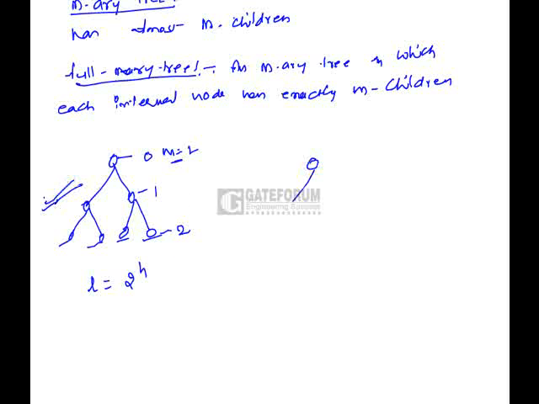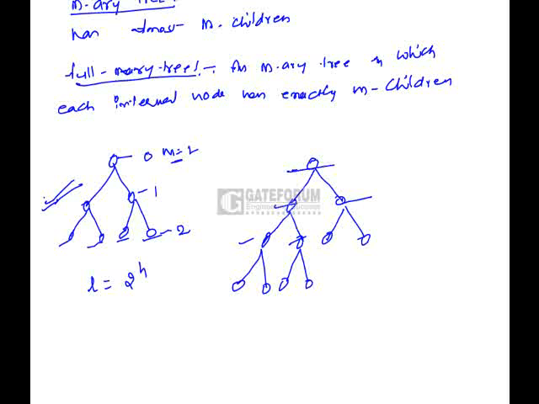Let us take one more tree. This is also an example of a full binary tree. Why? Because in a full binary tree, each internal node has exactly 2 children. Here these are the internal nodes, and internal nodes have exactly 2 children.